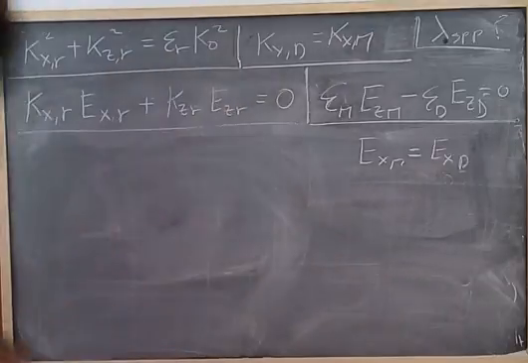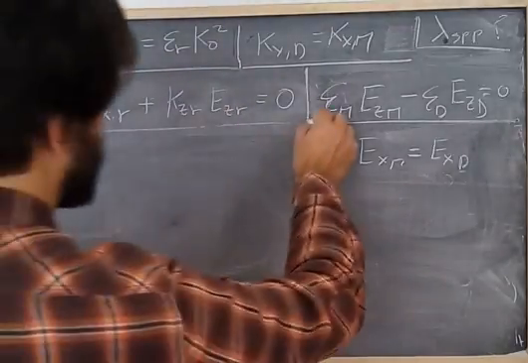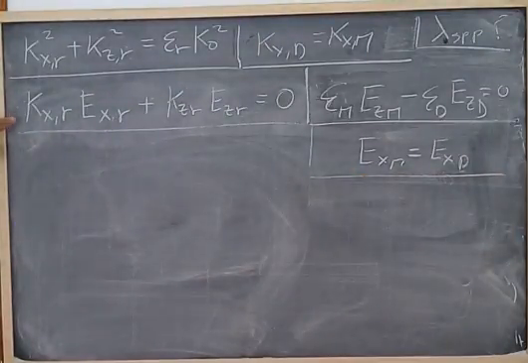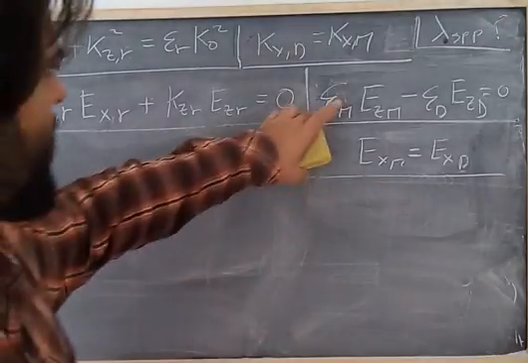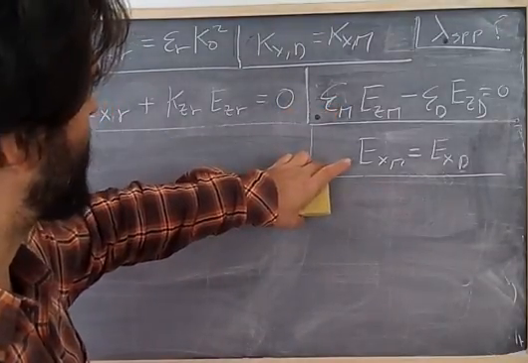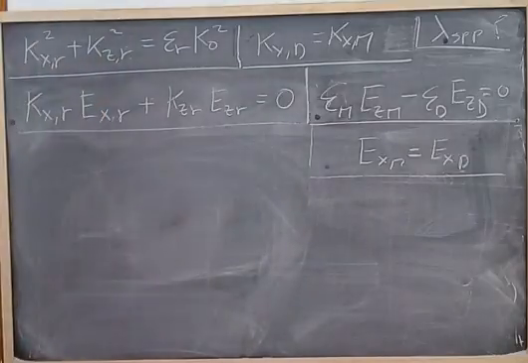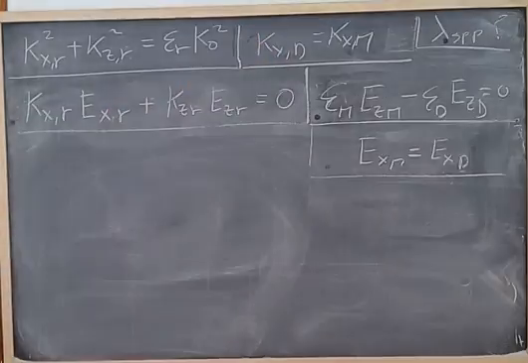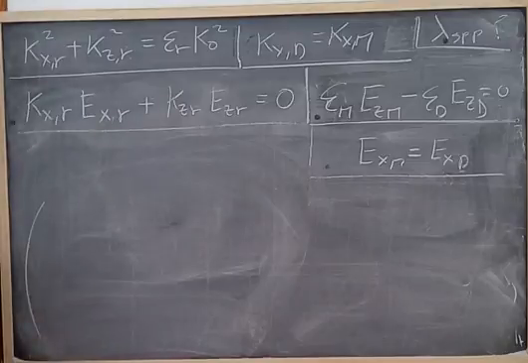We have then a group of conditions. We have two equations here, one equation and another equation, and one more condition. Now I'm going to rewrite this in matrix form.